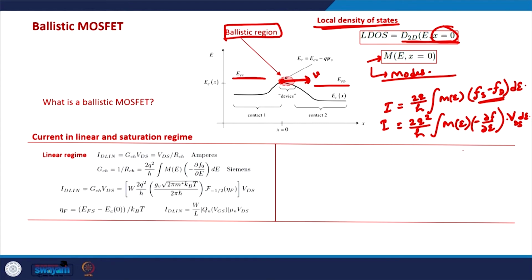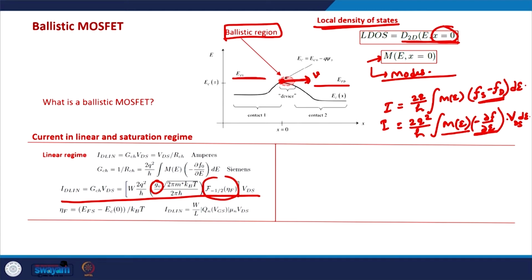So, if we simplify this expression by putting in the number of modes and taking the derivative, this is what we obtain: W times 2q squared by h, g_v is the valley degeneracy, and square root of 2 pi m star kBT by 2 pi h bar, times the Fermi-Dirac integral of order minus half.